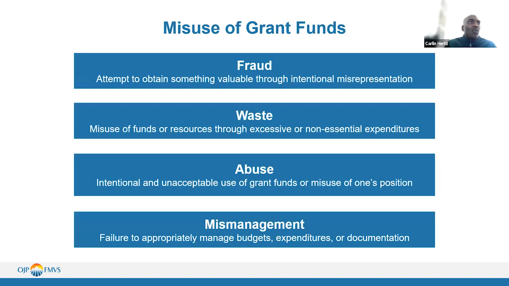Now we will go over what fraud, waste, abuse, and mismanagement means. So fraud, examples of fraud would include embezzlement, misappropriating funds for personal purposes, forgery. When we look at waste, we think of spending that is not supported by adequate documentation or purchasing unneeded equipment, buying supplies to spend the budget, and inadequate monitoring of credit card use.